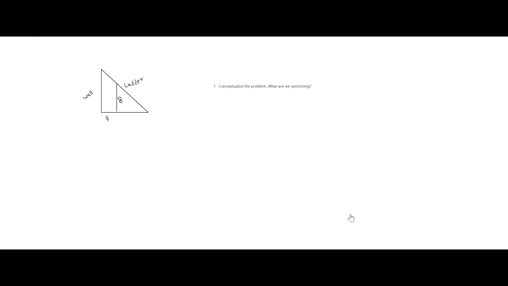What are they actually asking us to optimize? It says, what is the length of the shortest ladder? So they're asking us in a complicated way, but still asking: what is the shortest ladder, or the length of the ladder, I should say.